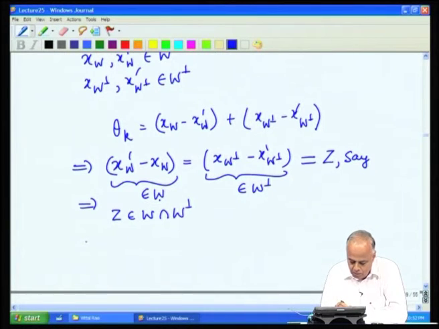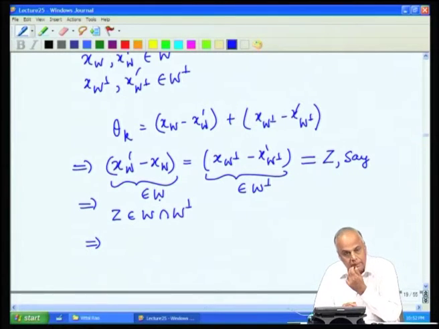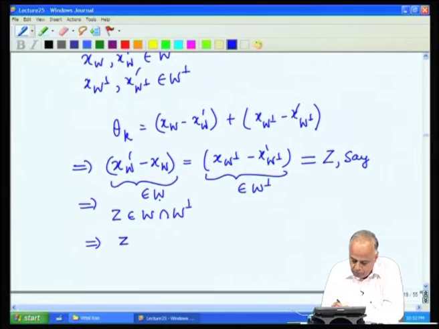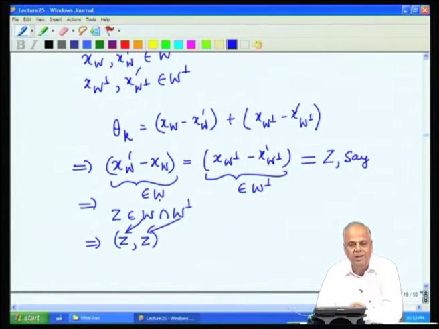Okay. Now, whenever you have W and W perp, the intersection can contain only the 0 vector, because if we now look at the inner product of z with z, we treat the first z as a vector in W and treat the second z as a vector in W perp. We can do that because it belongs to both W and W perp.